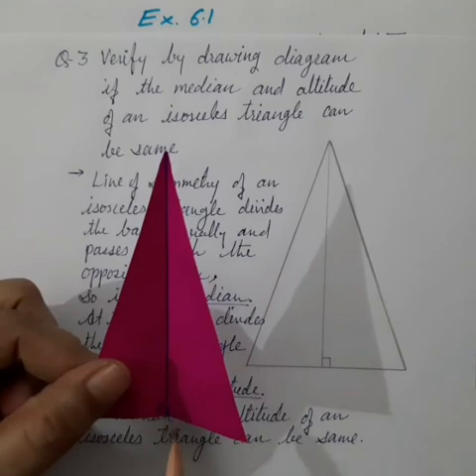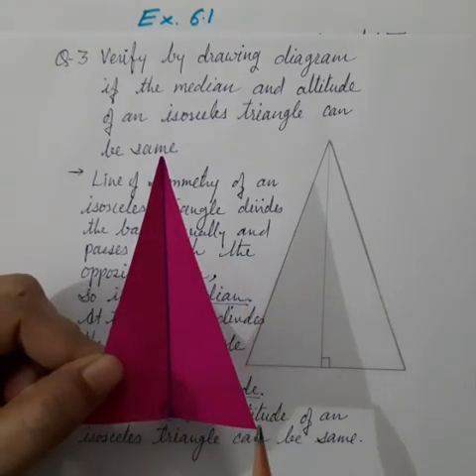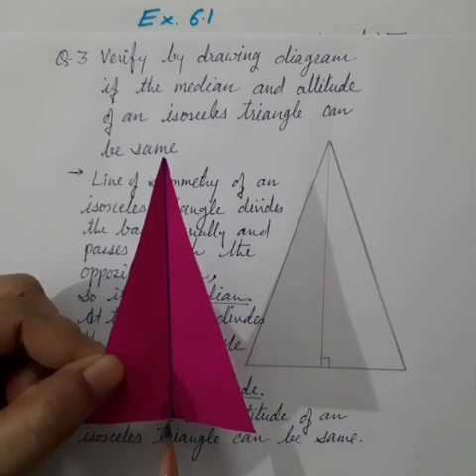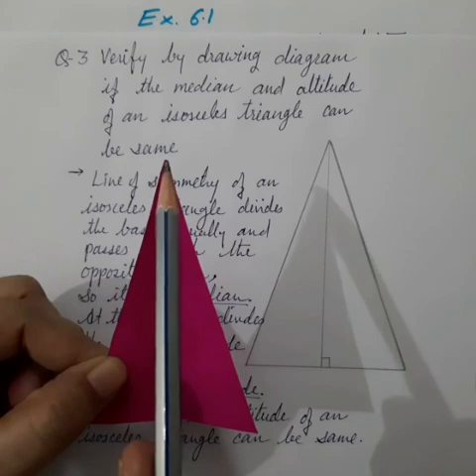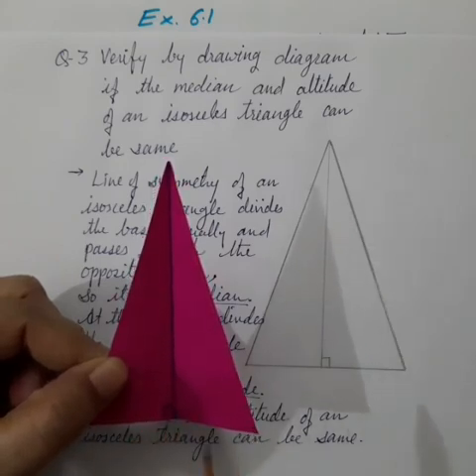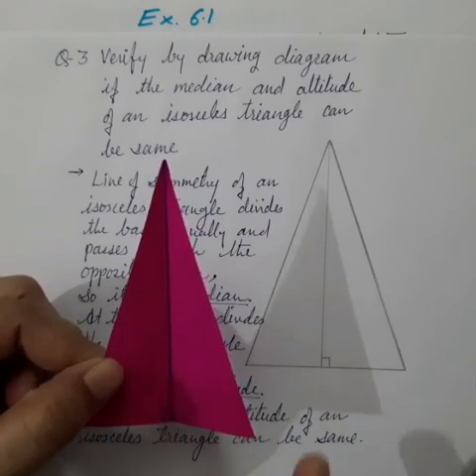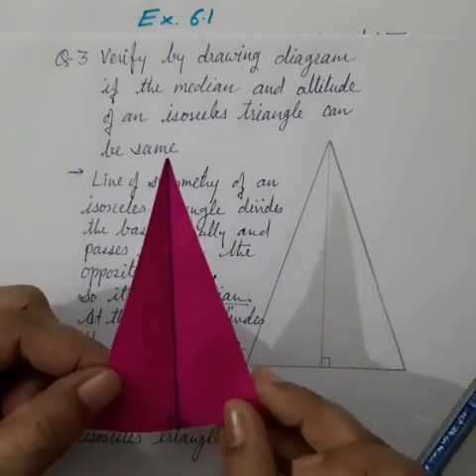That means this line segment divides the base into two equal parts, means this is the midpoint. Now see, this line segment is passing through the vertex and through the midpoint of its opposite side, means this is the median.